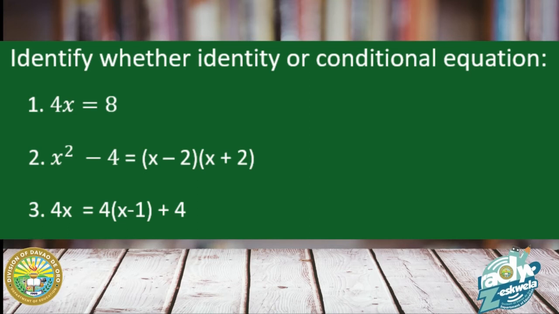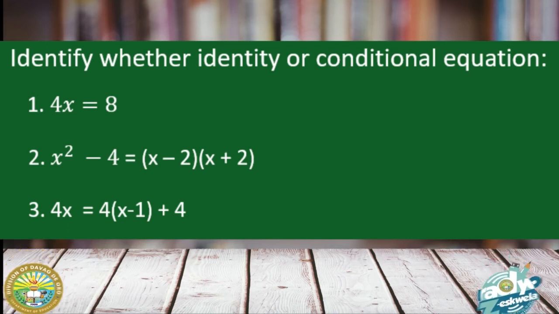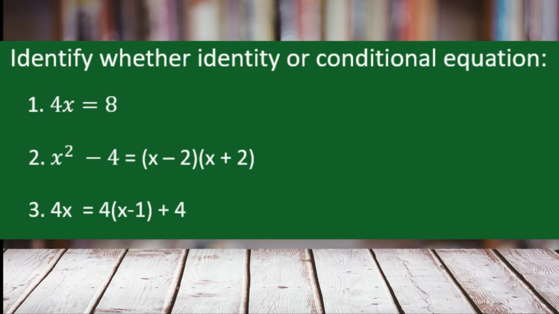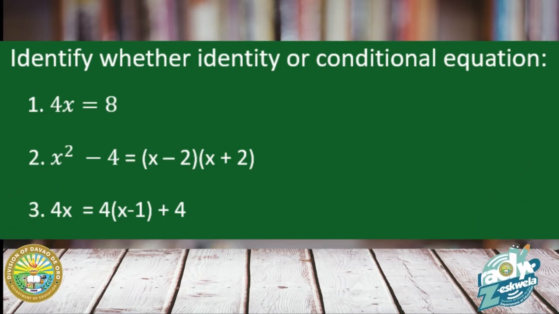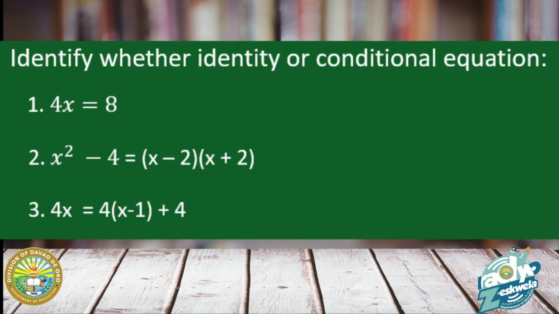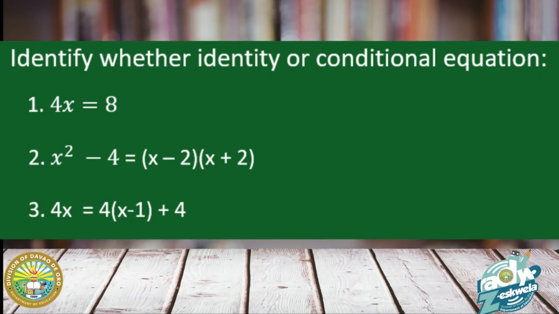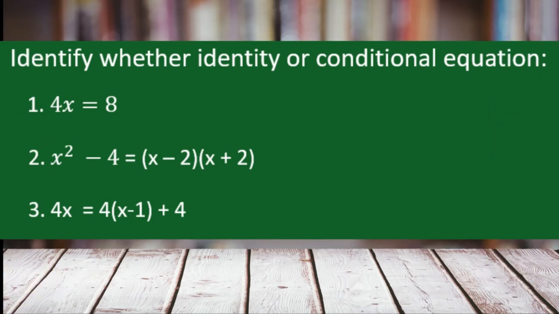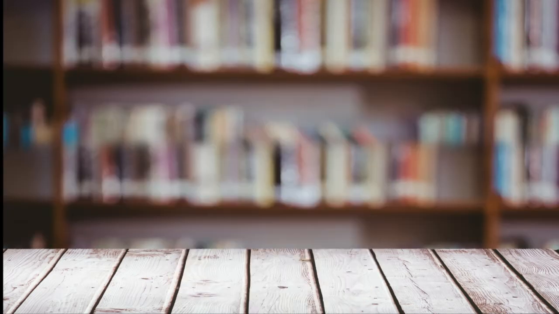For number 2, x squared minus 4 is equal to quantity x minus 2 times x plus 2. Then for number 3, 4x is equal to 4 quantity x minus 1 plus 4. Timer starts now.